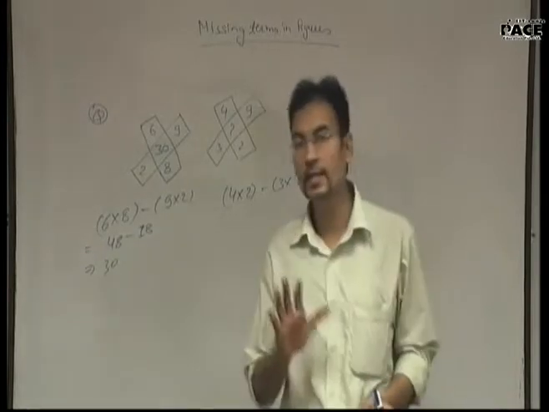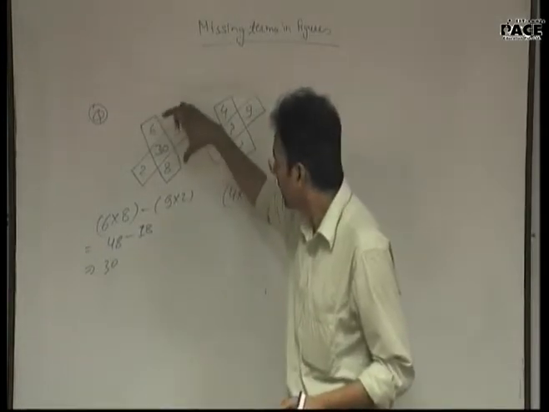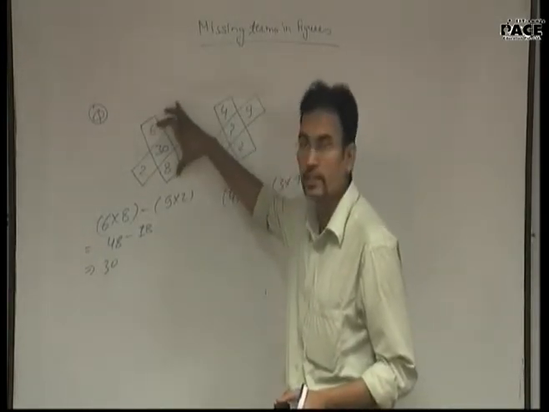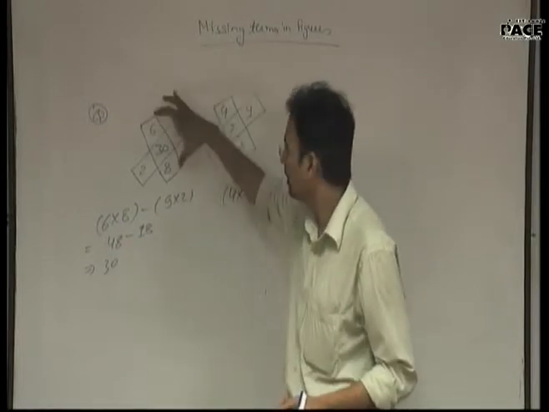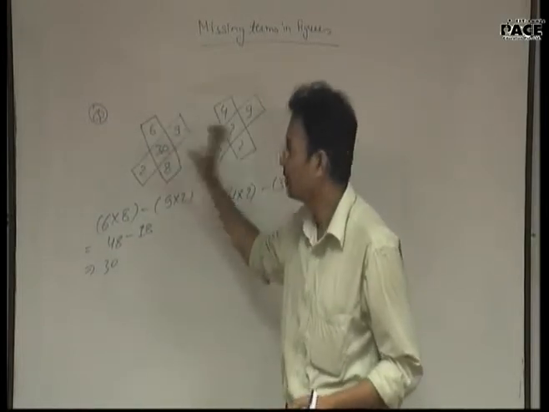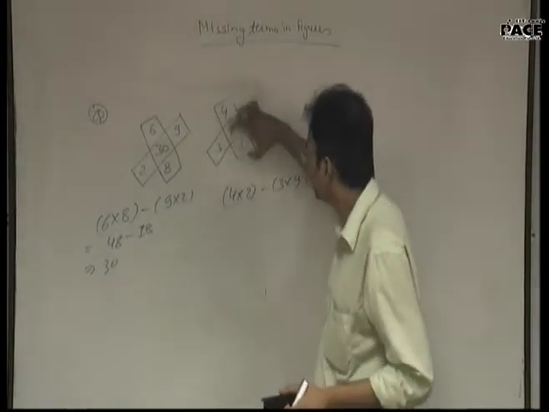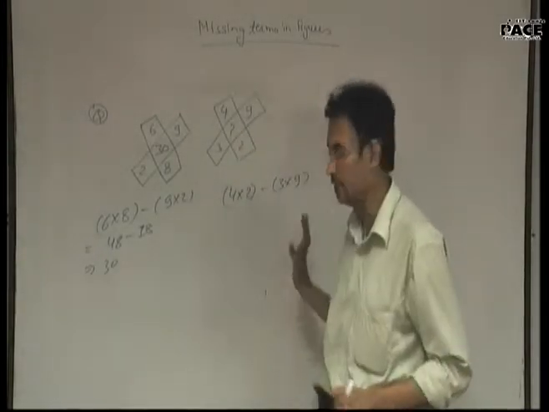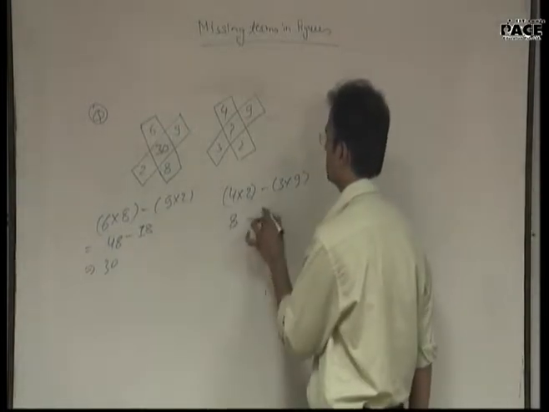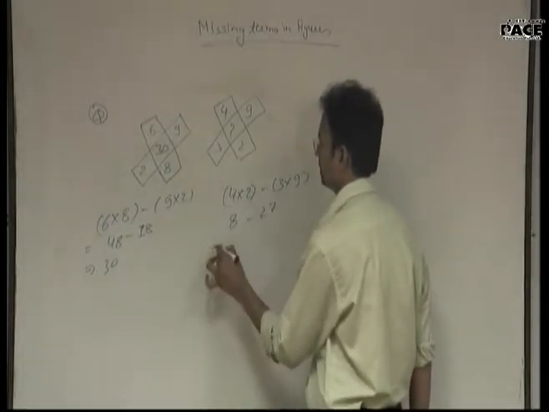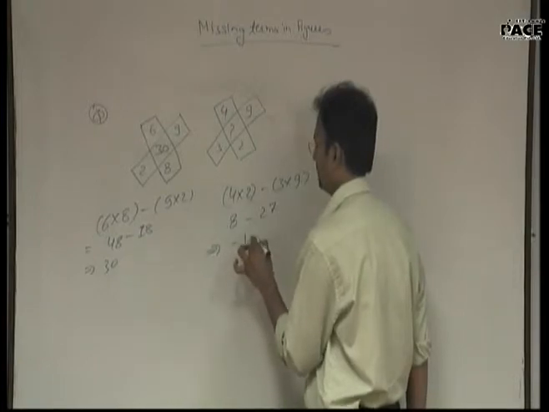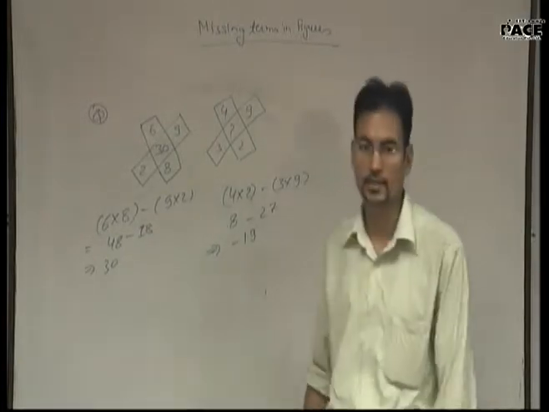We have to keep in mind that whatever application we are doing here, we have to apply the same here. We are multiplying 6 and 8 first, then subtracting 9 into 2 afterwards. Similarly, we have to multiply 4 into 2 minus 9 into 3. So this will be 8 minus 27, which is giving you minus 19.